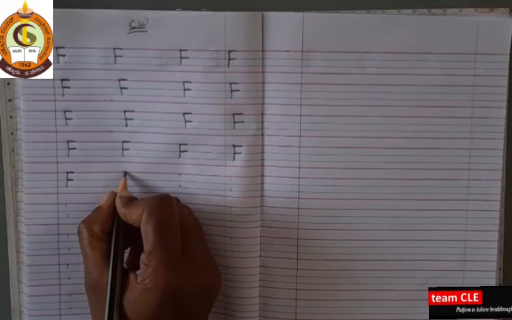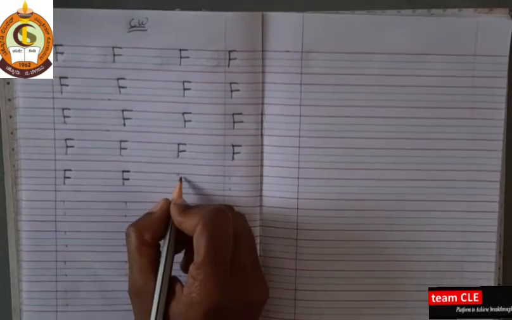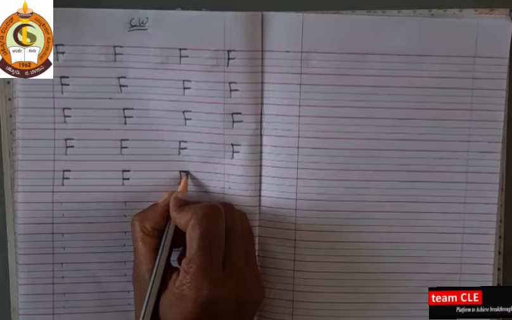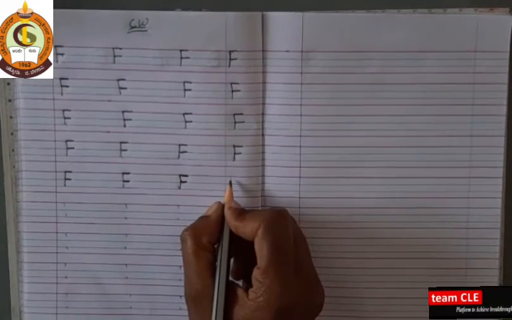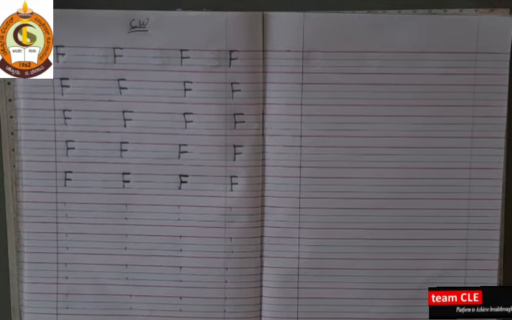Letter F. F for flower. F for frog. F for fan. F for fish. Is it? See how I am writing now? Neatly I am writing. So like this you have to write neatly. Okay. So full one page you have to write it.